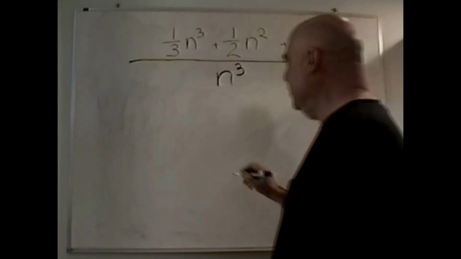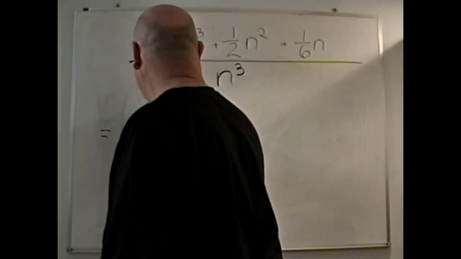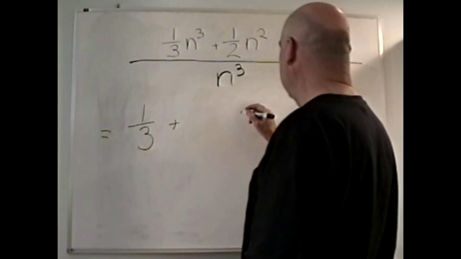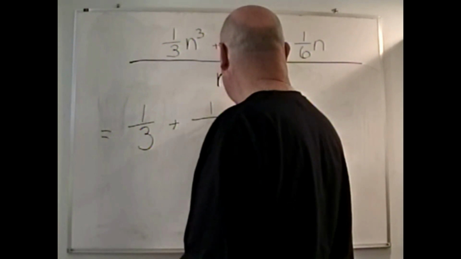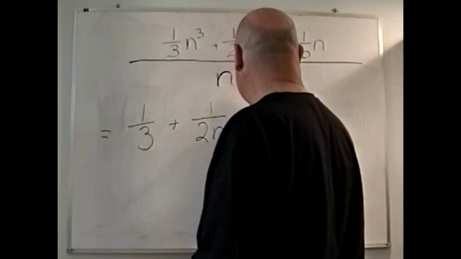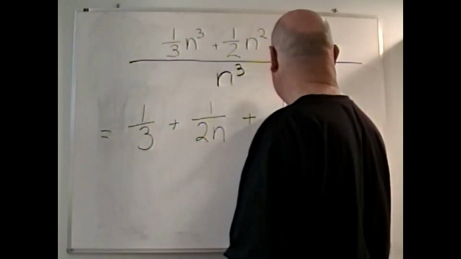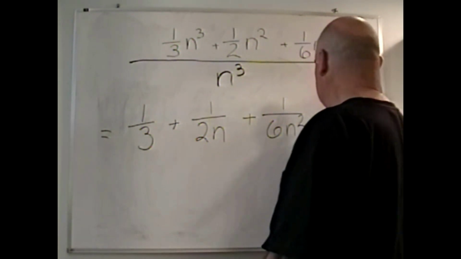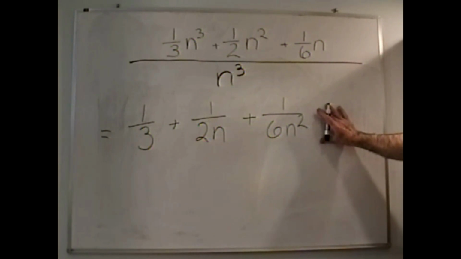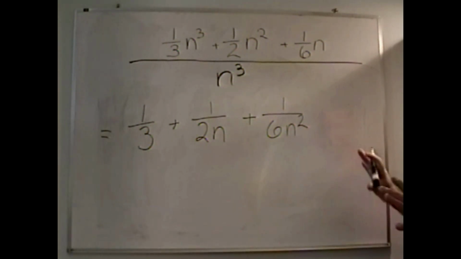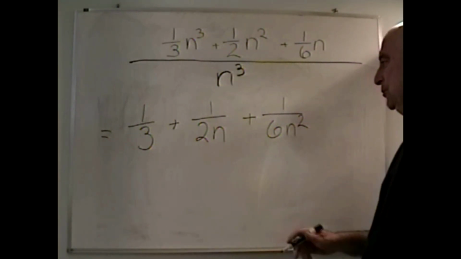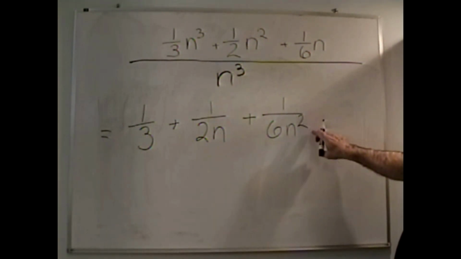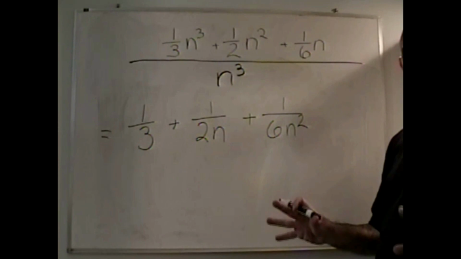Simplifying this, the ratio of volumes will equal 1/3 plus 1 over 2n plus 1 over 6n squared. Again, this is the ratio of volumes. Now, if the number of steps in the step pyramid is equal to 8, let's say, then the value of 1 over 2n plus 1 over 6n squared is going to be a non-trivial number.